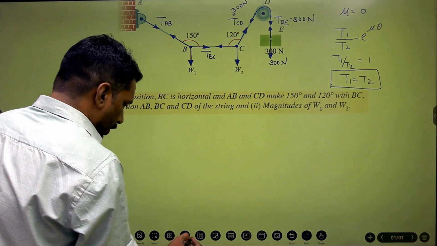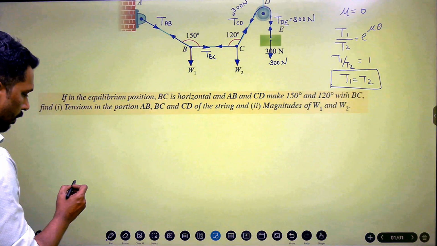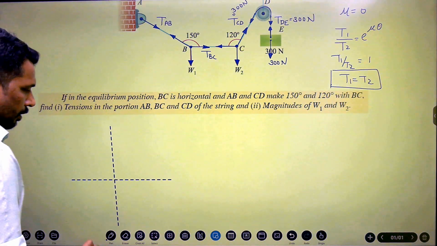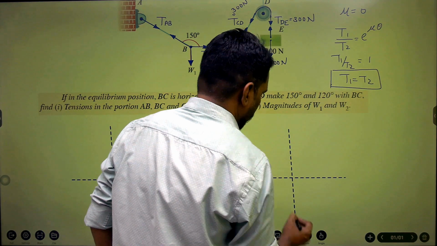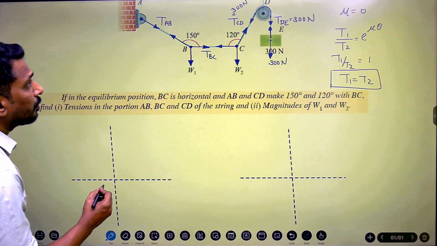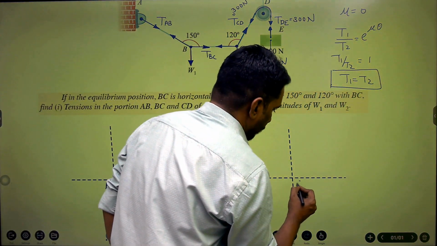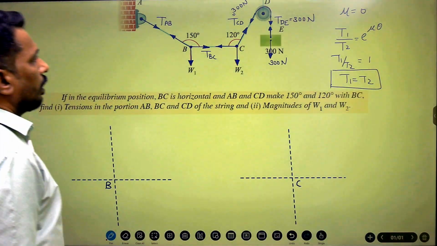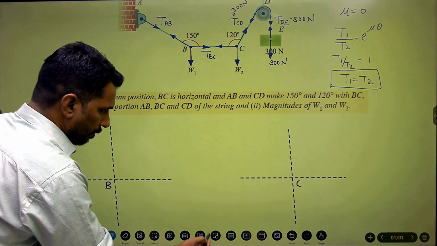First I'll show the forces, and let me draw one horizontal axis and then the vertical axis. Similarly over here. So this is for the point B, and this is for the point C. For B, W1 is vertically downward.